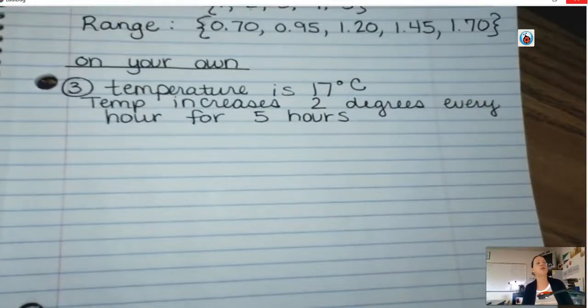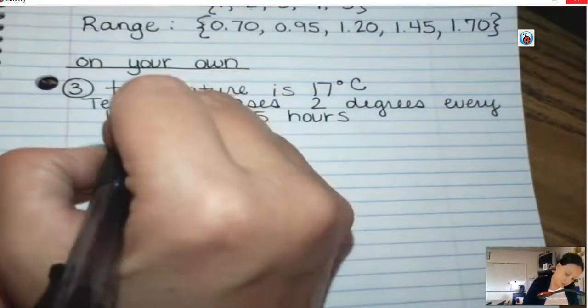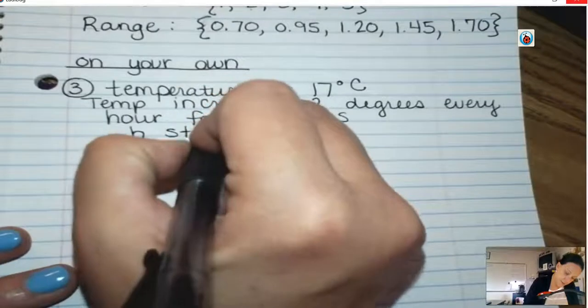So the temperature starts at 17 degrees Celsius and then it's going to go up 2 degrees every hour for 5 hours. Let H stand for hours.